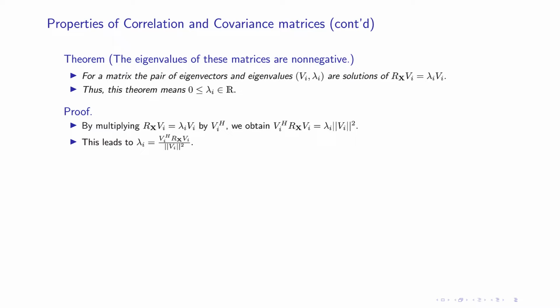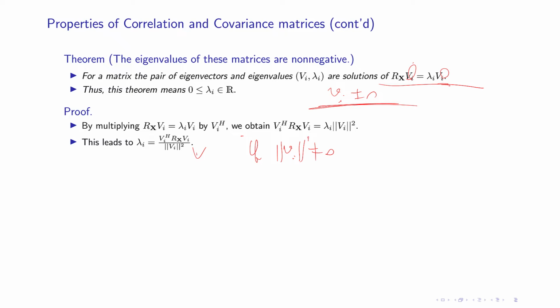So this holds if Vi is not equal to 0, obviously. If you put 0 here, both sides become 0, so this is an obvious solution. We call it an eigenvalue and eigenvector pair if Vi is not 0. So Vi not 0 is part of the definition of eigenvectors.